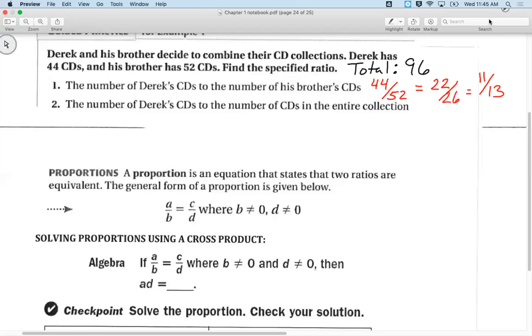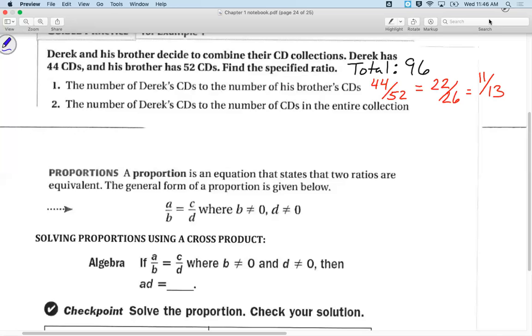Joe, how many CDs does Derek have? He would have 11 13s.